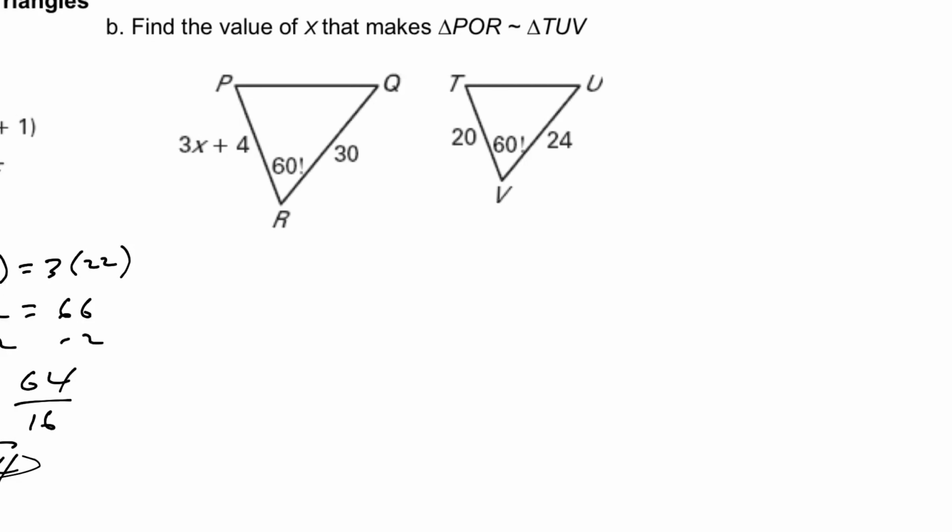Let's use the same process on our last example. And we should see that we have a side length of 30 corresponding with a side length of 24. So in this one, I'm going to use the ratio of the big triangle over the little triangle. So let's set up our proportion. So we have 30 in the big triangle corresponding with 24 in the small triangle.